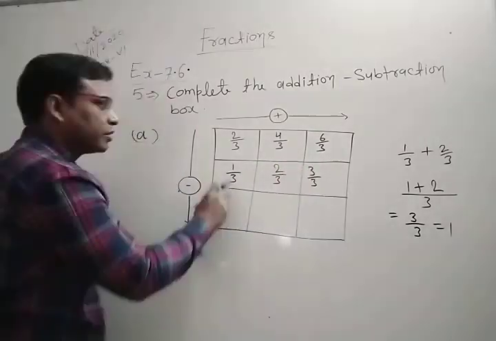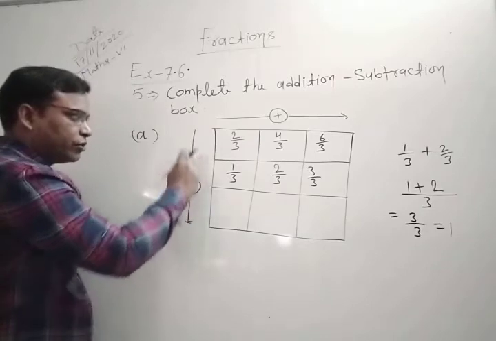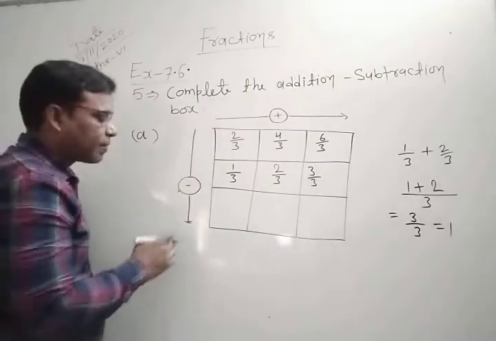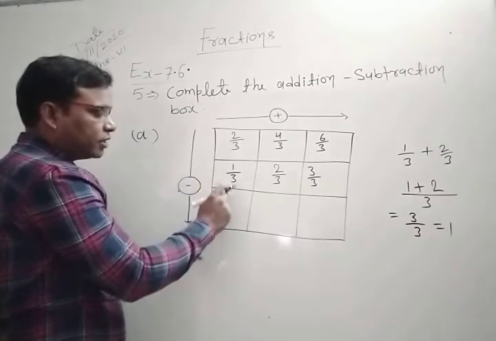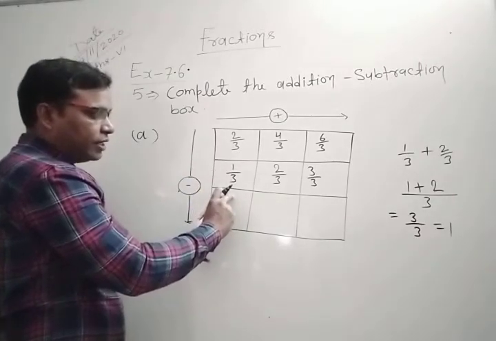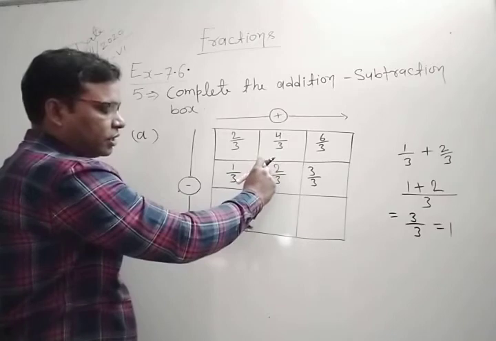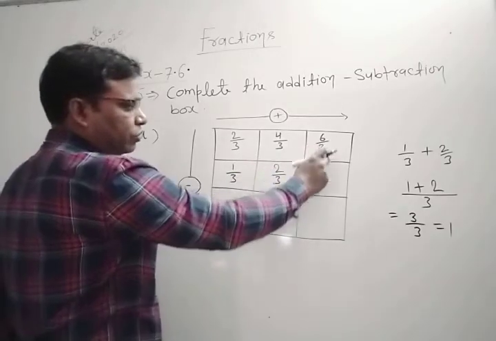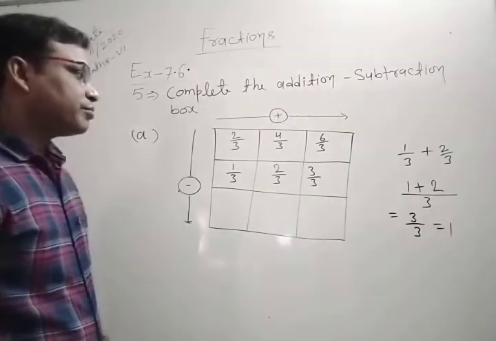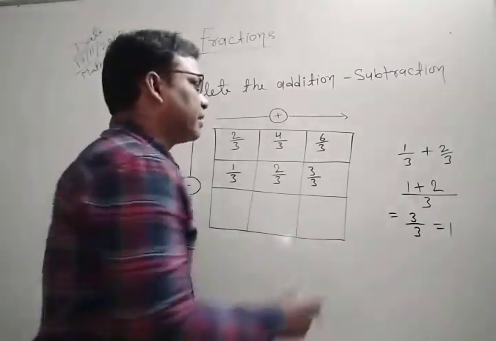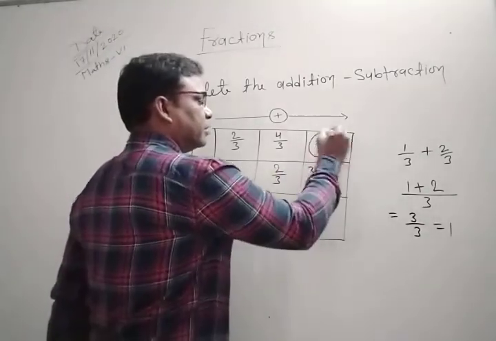For this box, you can see this arrow comes from up to down. It means if you subtract 2 by 3 minus 1 by 3, then you write here. Again you subtract this from this, you write here. This is clear?